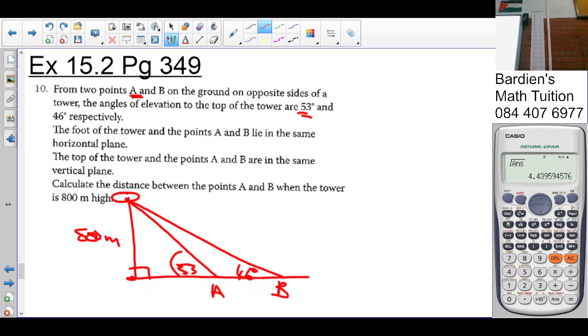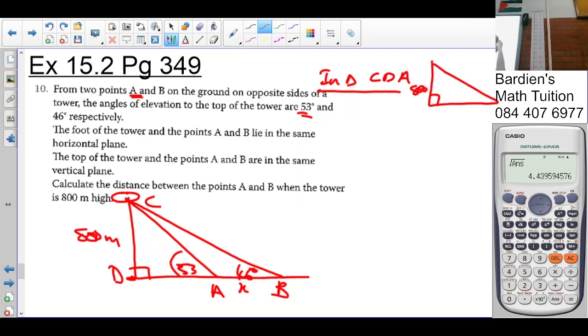So in other words, we've got A, B, let's make that C and D. We need to calculate the distance between A and B. If we look at the right-angled triangle CDA, we have 800 there, 53 degrees, and D, A and C. We have the angle, we have the opposite, and we want to calculate the adjacent side.